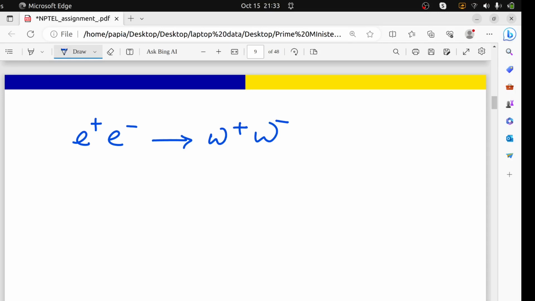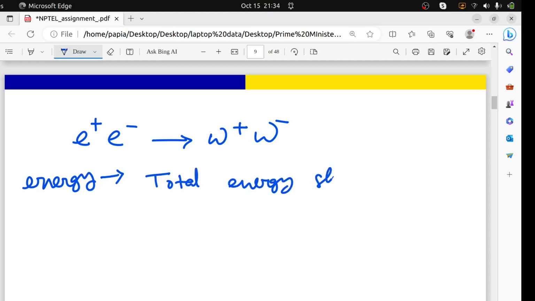Now, I have already told you many times that in any reaction, not only nuclear reaction, total energy should be conserved, right? So right now we will see about the energy. Total energy should be conserved.